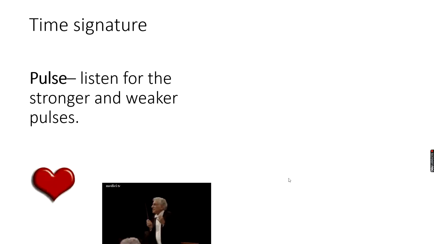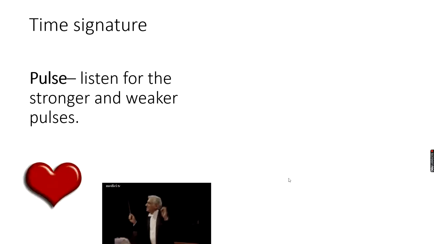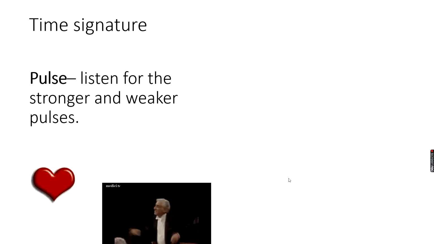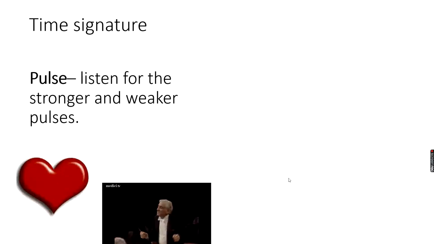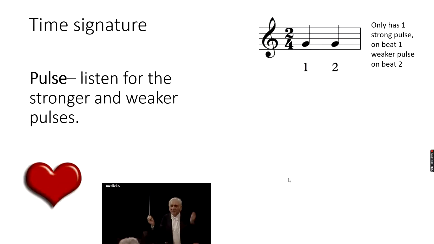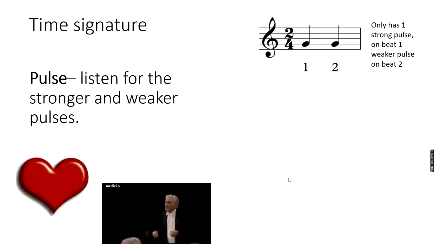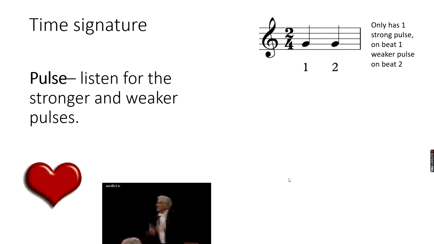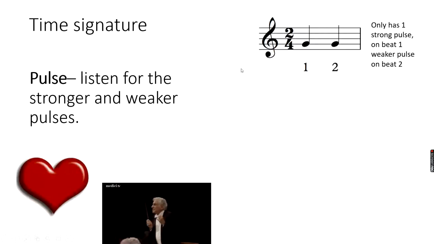The conductor, if you remember me saying, the conductor who is at the front of the orchestra shows everyone the time, the tempo, but they also show them the time signature by showing them the stronger beats and the weaker beats. So in music we have 2/4 time signature. This means it's got 2 crotchet beats in a bar.